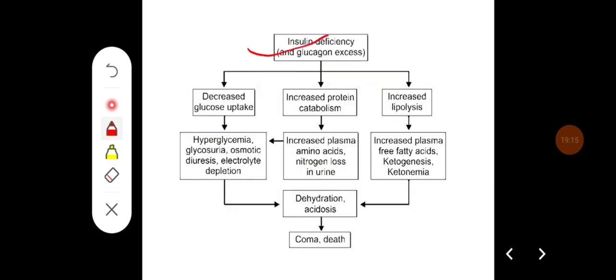In insulin deficiency or in glucagon excess, there will be decreased glucose uptake, which leads to hyperglycemia, glycosuria, osmotic diuresis, and electrolyte depletion. They also lead to increased protein catabolism, which increases plasma amino acids, and there will be nitrogen loss in the urine.